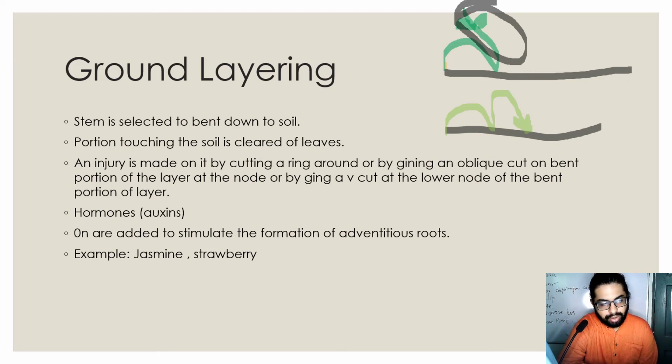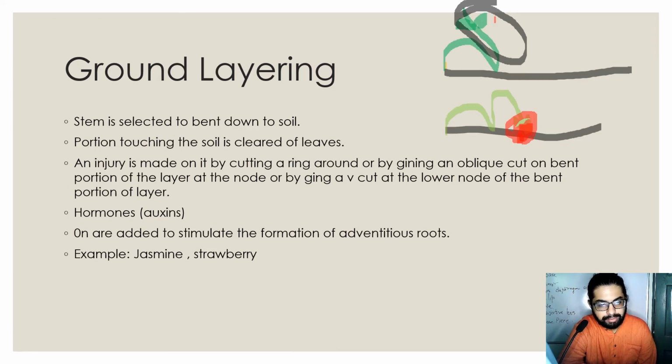In the third stage, an injury or a cut is made onto the bent portion of the stem, or an oblique cut is made artificially, or a V cut at the node. And hormones are added, and most importantly, here you see leaves are there, right?